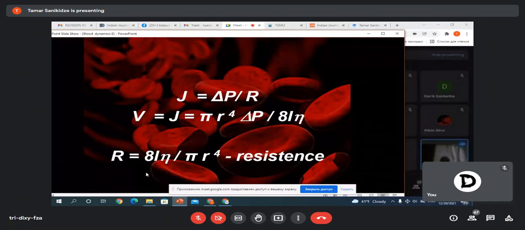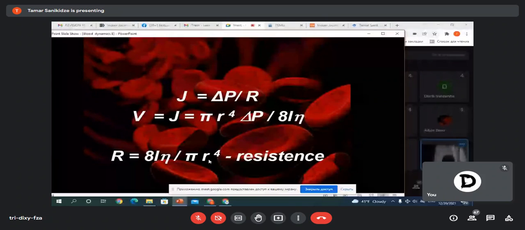As you see, this parameter depends on the parameters determining the vessel's geometrical characteristics, like L, length of the vessel, and R, the radius of the vessel, and also eta, the physical characteristic of the blood, its viscosity.